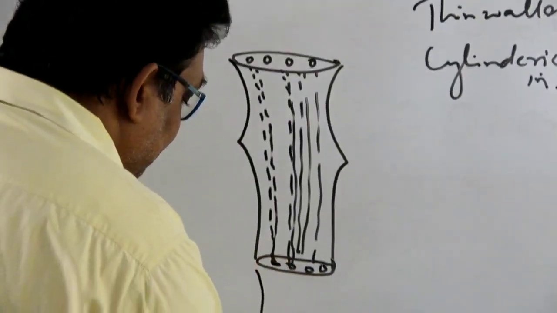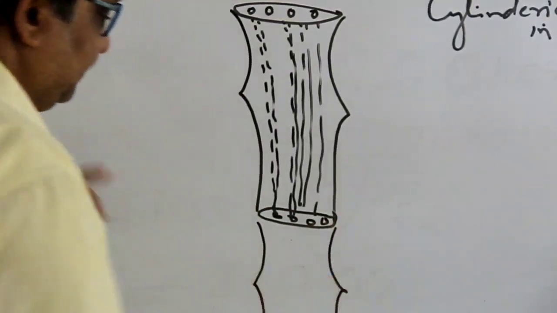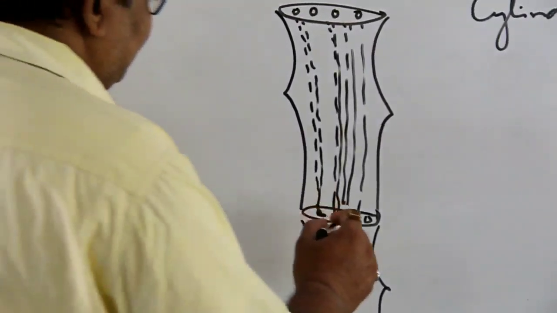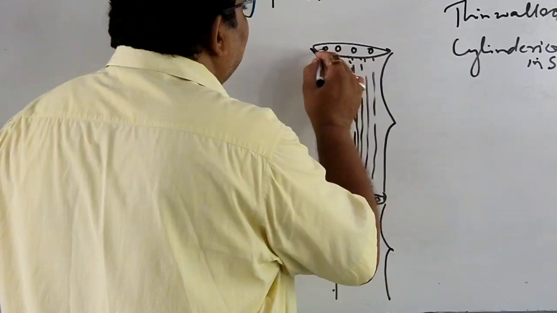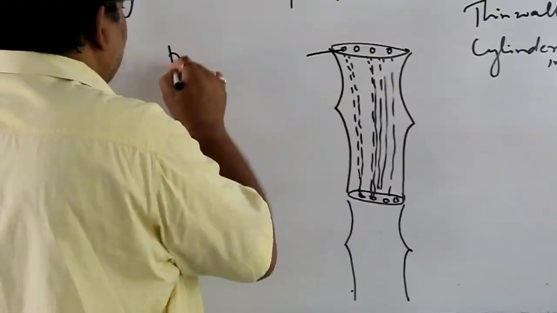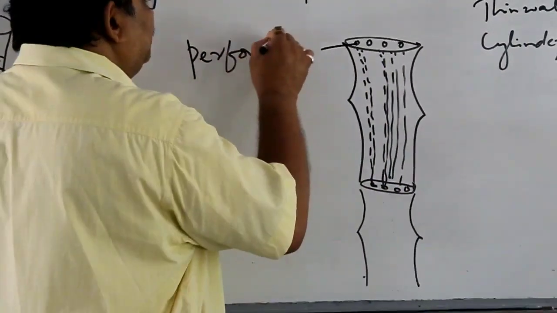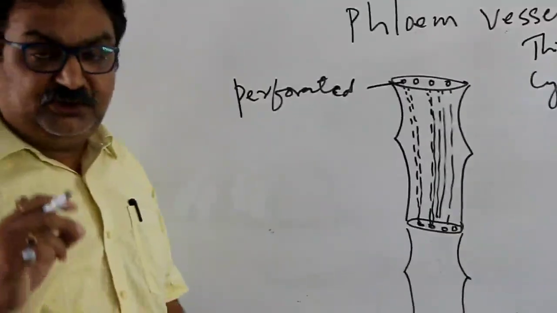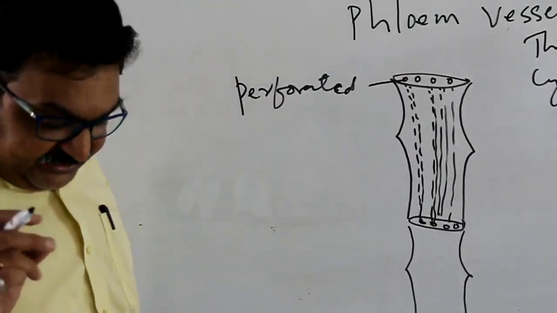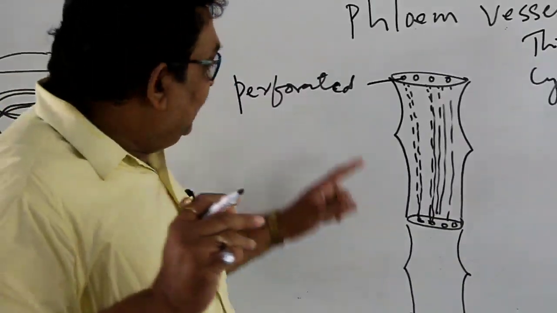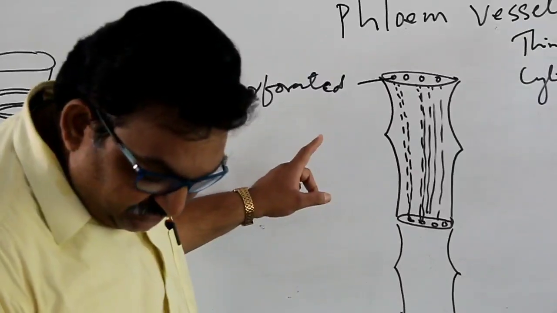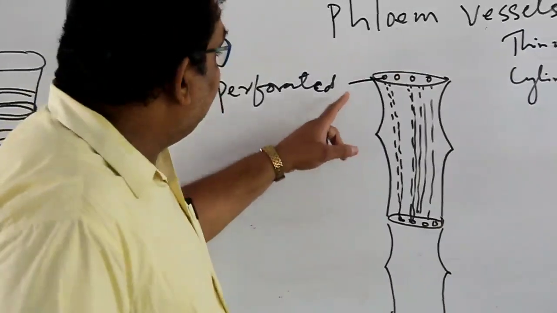But the end walls are perforated. These are the end walls. That means they have certain holes in them, so we call this perforated. And because of this, they are also called sieve plates.